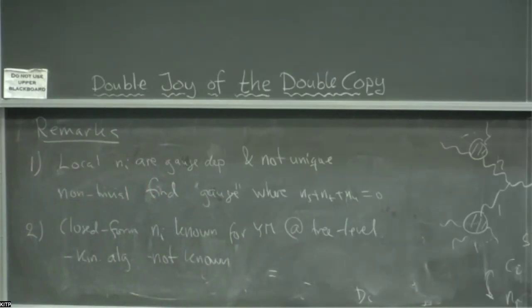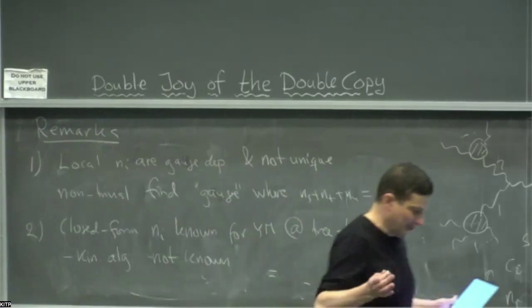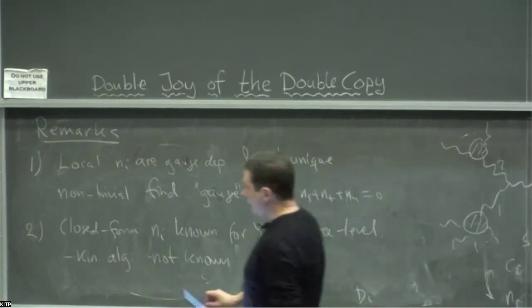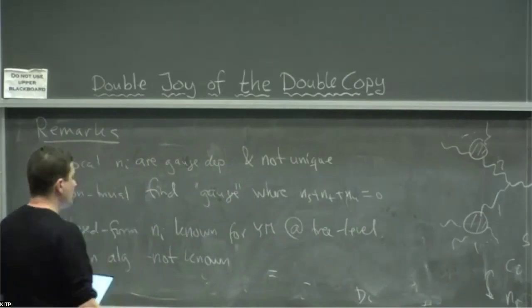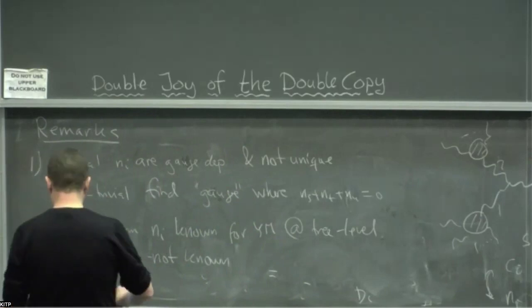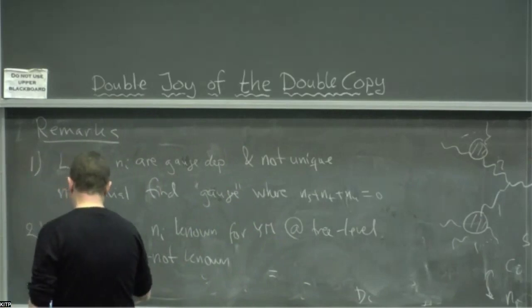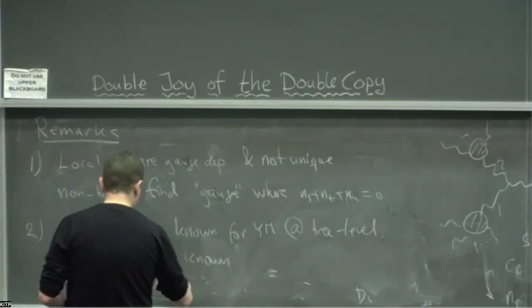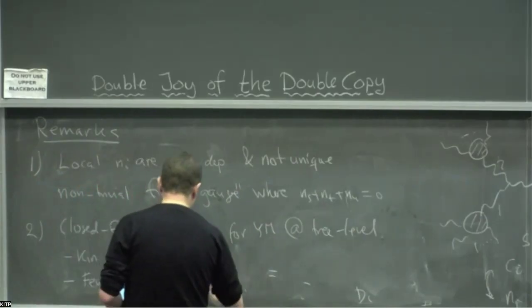It is known in some particular examples, such as self-dual Yang-Mills, which is not Yang-Mills. It's just a very simple truncation of Yang-Mills. And I should also say that, in principle, you can imagine that you had a Lagrangian way of computing numerators. That's also not known. So basically, Feynman rules for numerators are not known.